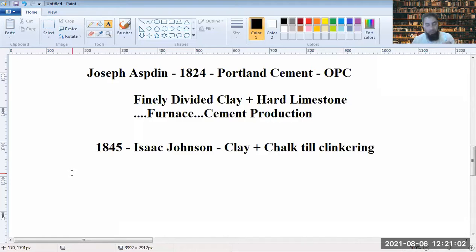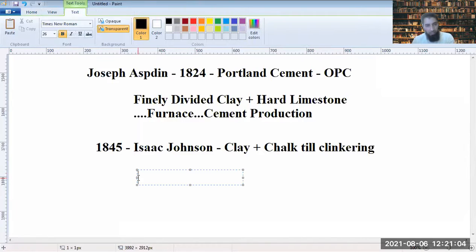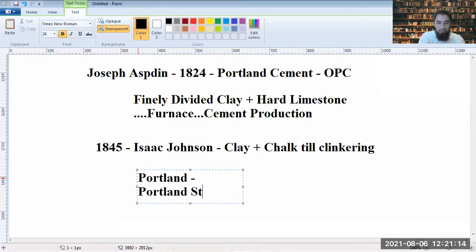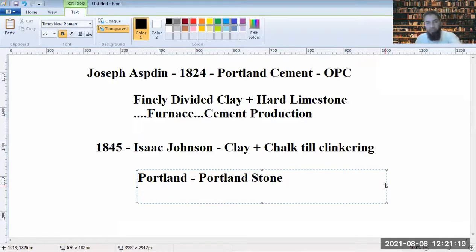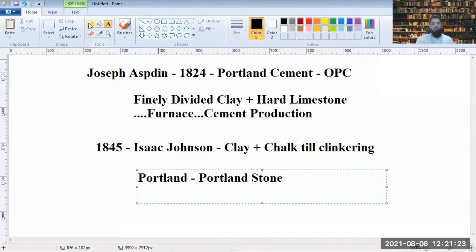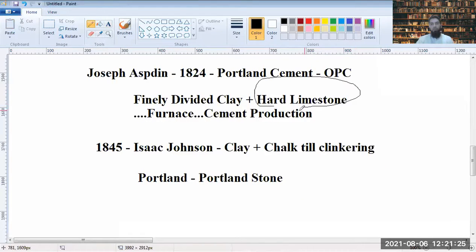So, why do we call it Portland? It is actually a Portland stone, the hard limestone that I'm talking about. There is a place called Portland, and from there the Portland stone is obtained.